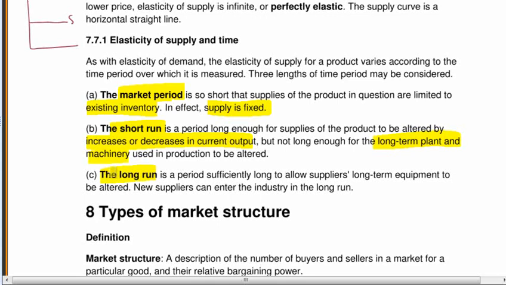So you can increase or decrease your output to an extent, but you don't have enough time to undertake any fixed capital investment. In the long run, you can change everything. You take on more workers, you can buy more equipment, you can buy more buildings, and new suppliers can enter the industry as well. So as we work our way through these time periods, supply becomes more responsive, more elastic.